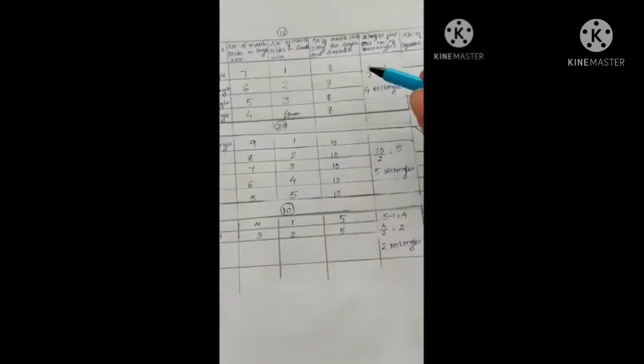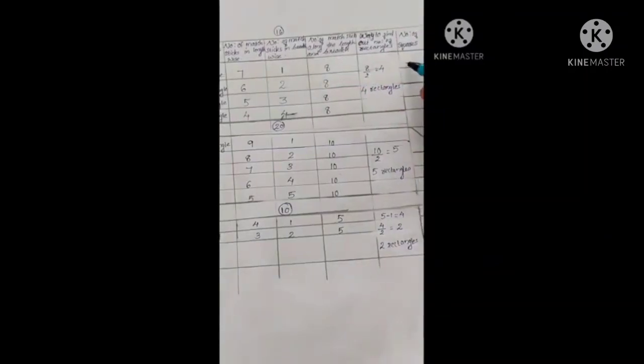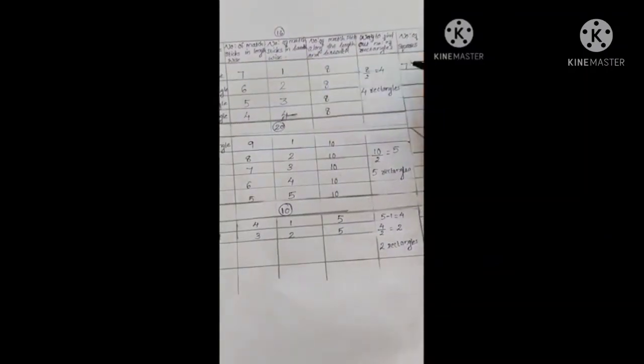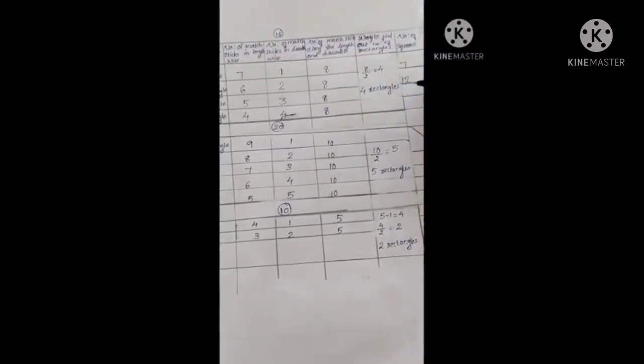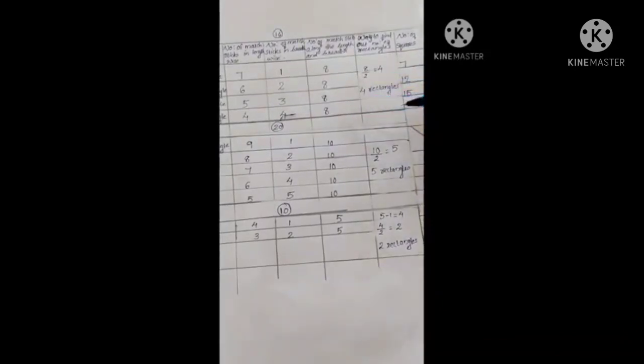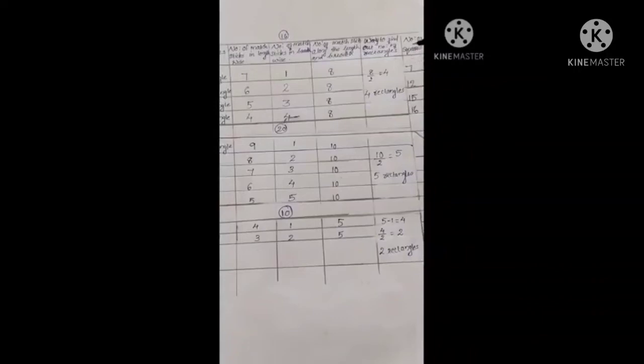Okay. We split the first rectangle into how many squares? Yes, 7 squares. Then the second rectangle is split into how many squares? Yes, 12 squares. Then the third rectangle is split into 15 squares. Then what about the fourth rectangle? The fourth rectangle is split into 16 squares. Can you see any relationship between the number of squares and the number of matchsticks in length and breadth wise?